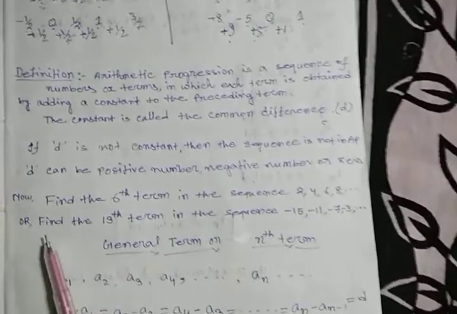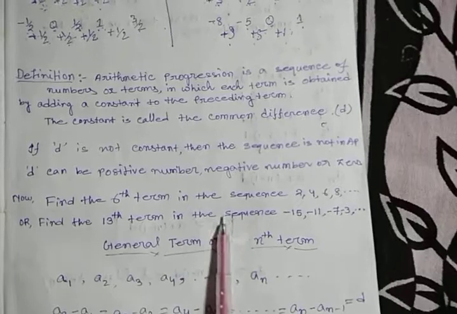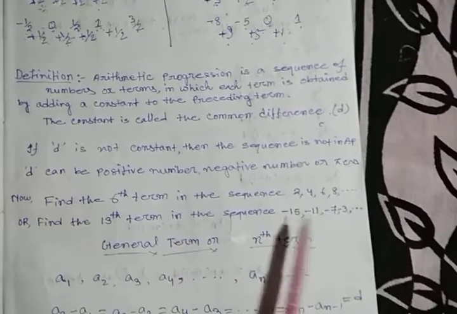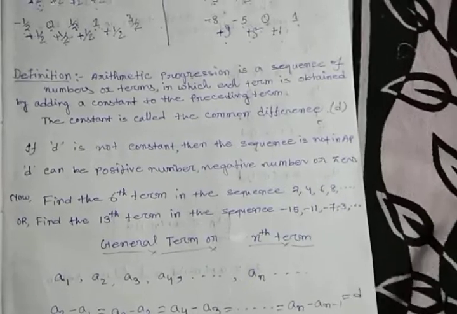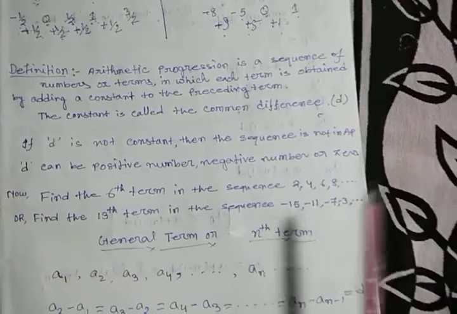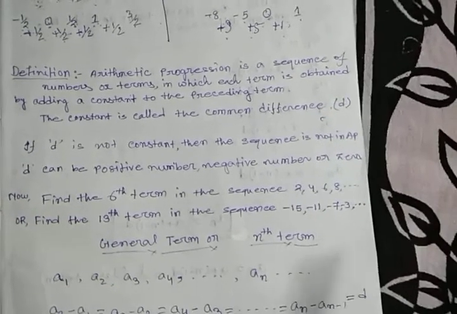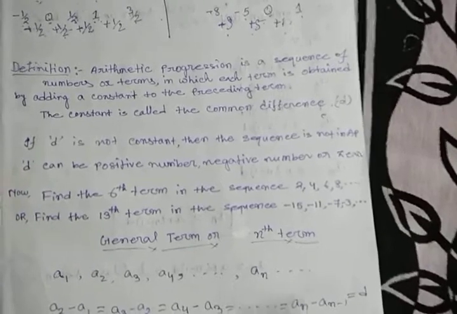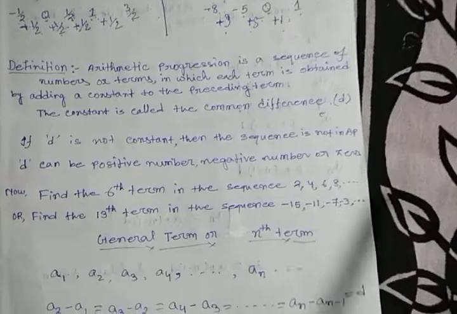In the same way, find the 13th term in the sequence: -5, -11, -7, -3, and so on. Now we would need to add one by one, then we can find out the 13th term. But we need to find out a general term, or you can say the nth term.